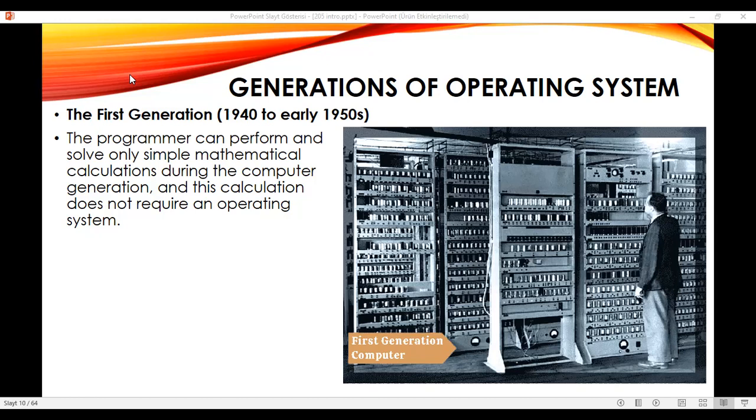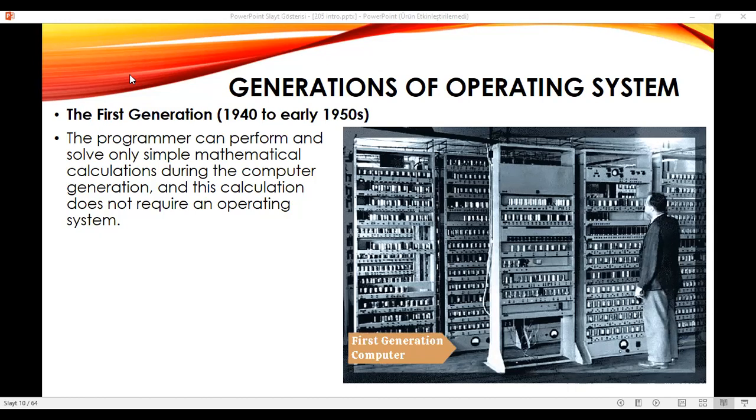But here we start from the first generation of electronic computers, because after that they needed an operating system.